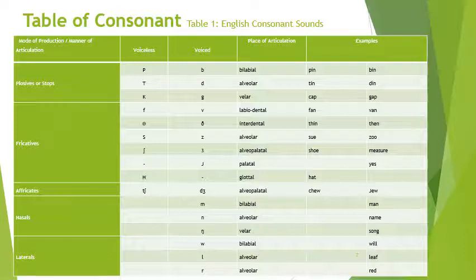That is, what organs of speech come into contact in the course of producing a particular sound, which is called place of articulation. And lastly, on the columns, we have examples, that is, letters or words that realize the sounds we have taken.